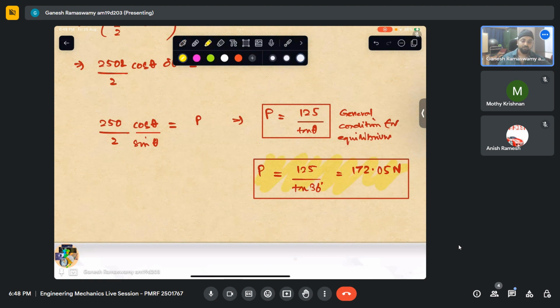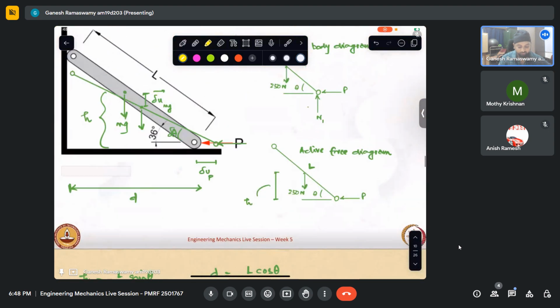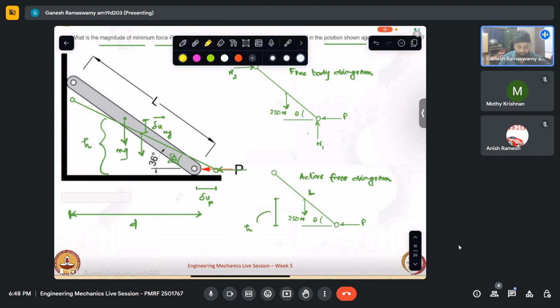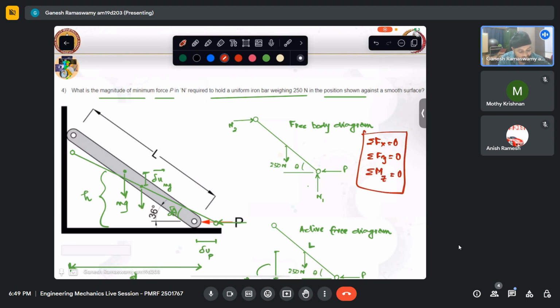So we saw for a single rigid body, how else could we have solved this? We could have simply taken this free body diagram. We could have applied sigma fx equal to 0, sigma fy equal to 0, sigma m about the z-axis equal to 0, as we have been doing. We could have still found the same answer.